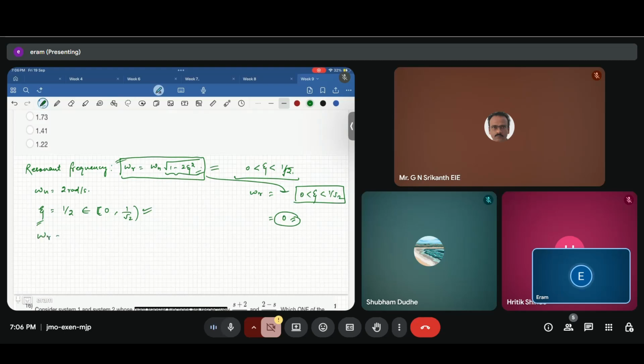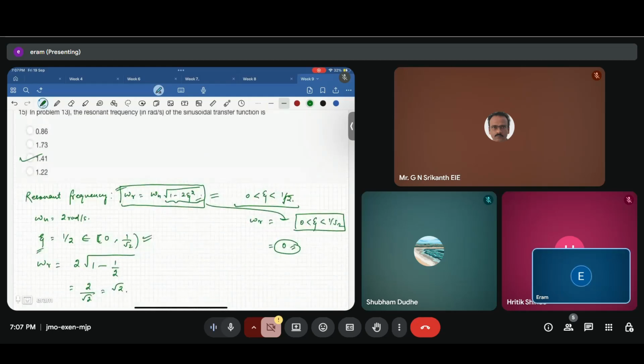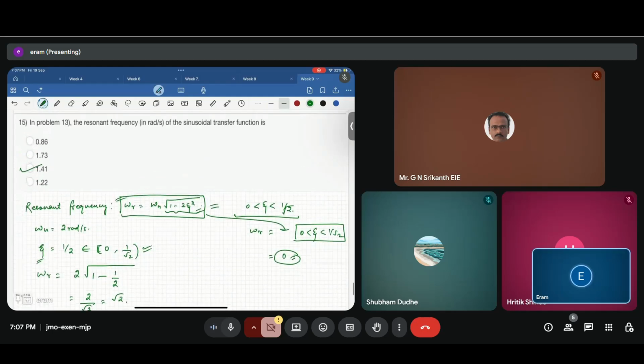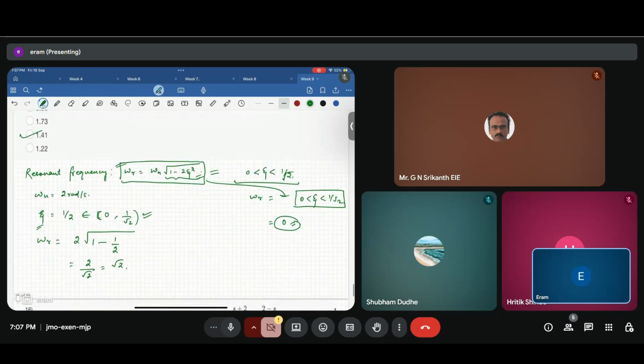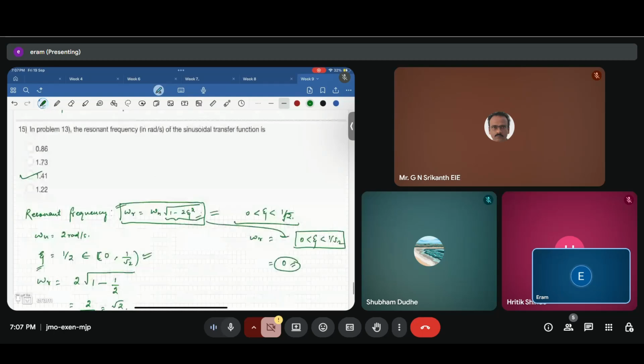So omega r now is equal to 2 under root of 1 minus 1 by 4 into 2, which is 1 by 2, which is 2 divided by root 2, or okay, so 1.41 is the correct answer.